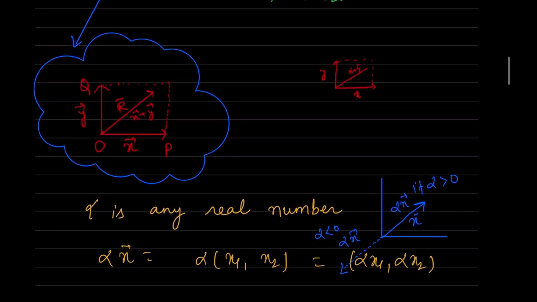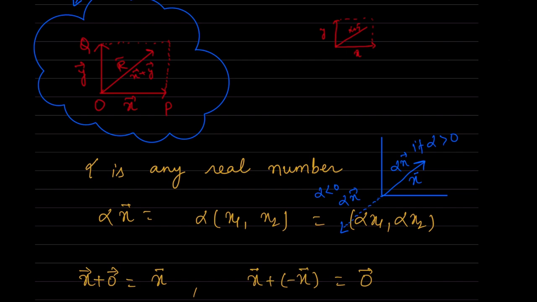Okay, now if we multiply by alpha, where alpha is any scalar, any real number, to the vector x, our given vector is x1 comma x2, so we get alpha x1 and alpha x2. Alpha is any real number.